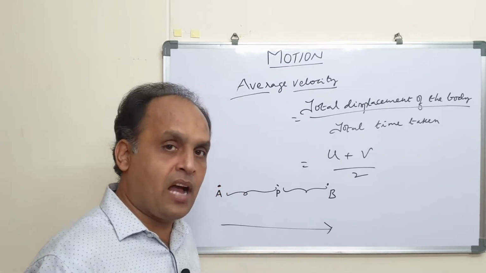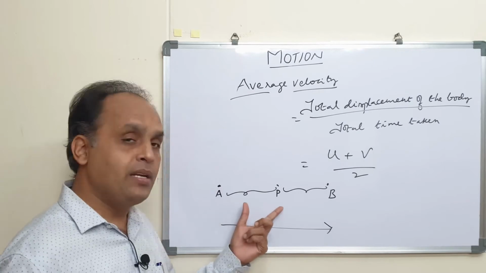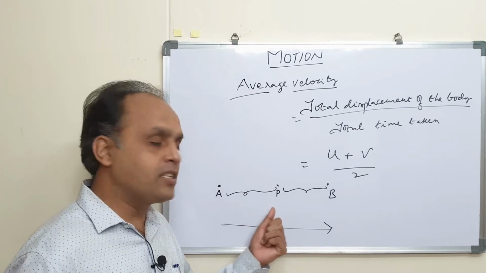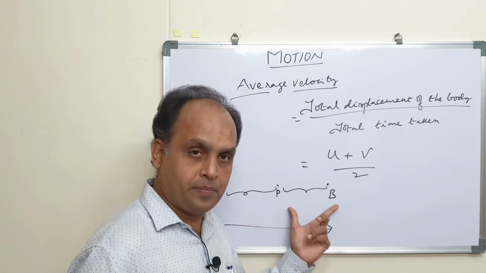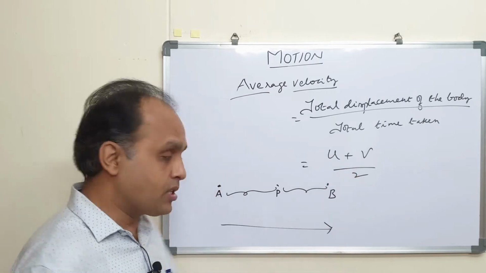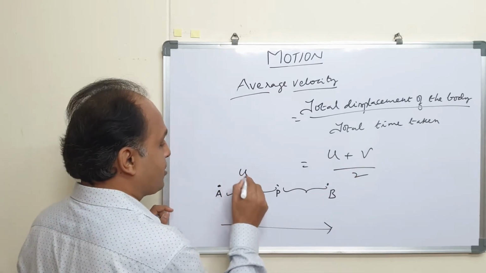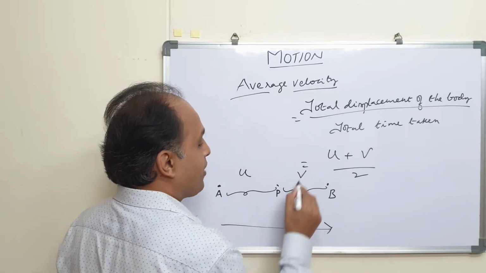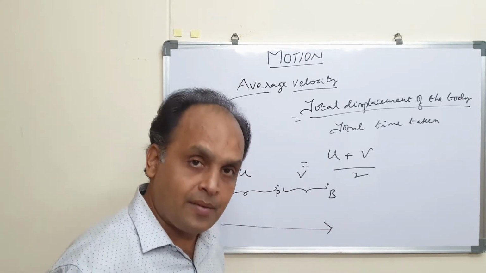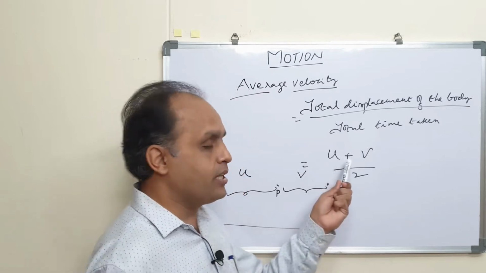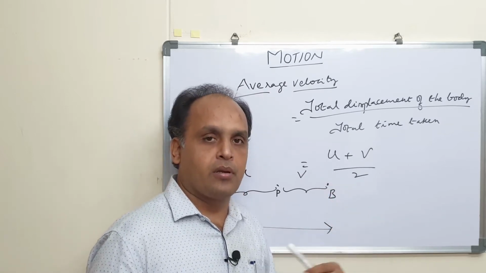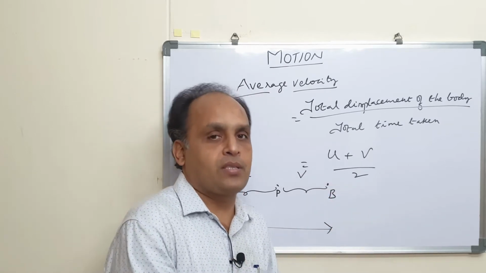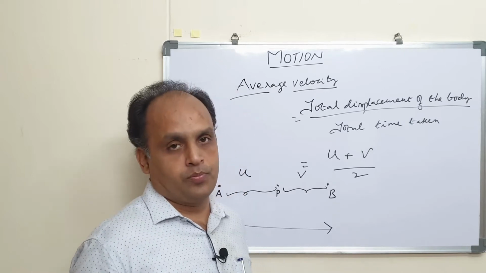So when you take half of the time from A to P and another half of the time from P to B, that is when you use this. Suppose half of the time you travel with a velocity u and the remaining half of the time with a velocity v, then that is when you use this expression of (u plus v) by 2.